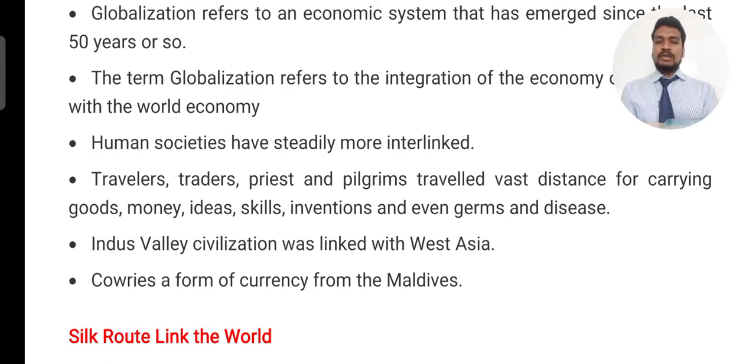Columbus found America because he was a traveler. He was a sailor. He traveled, found that continent, and named it America. Similarly, all other continents and places were found because of travelers.